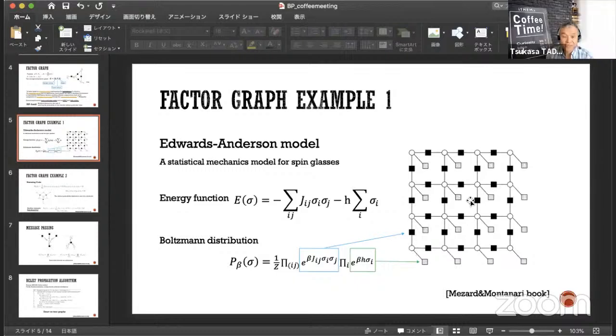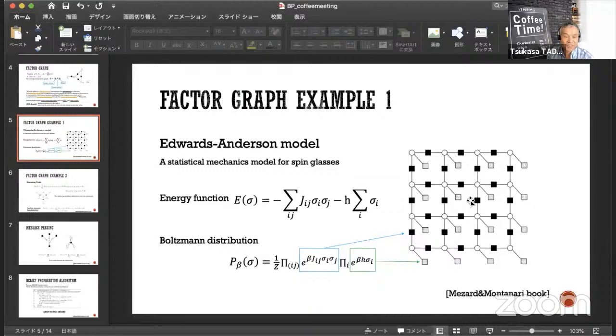I guess ordinary Ising model simulations are done by the Metropolis method, distributing spins randomly and giving some fluctuations.